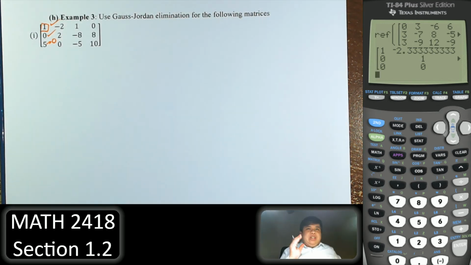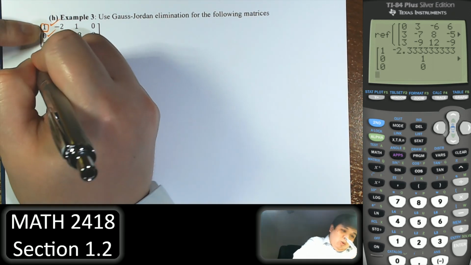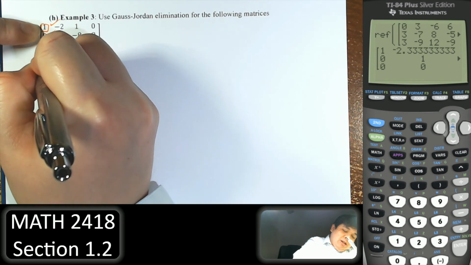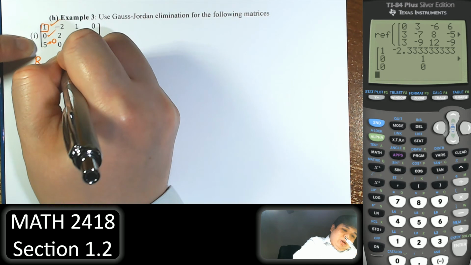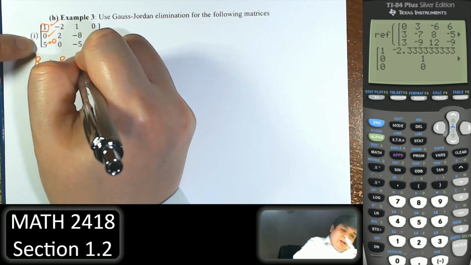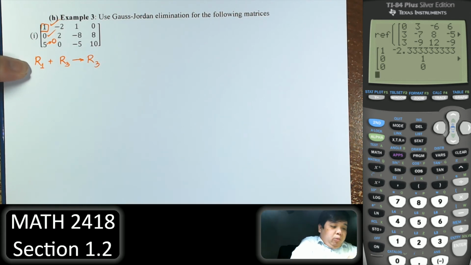Now, the reason we want the 1 at the pivot is that it is easy to eliminate. We know we need the pivot, which is row 1. We're going to eliminate the element in row 3. But what do we need to multiply to eliminate this?